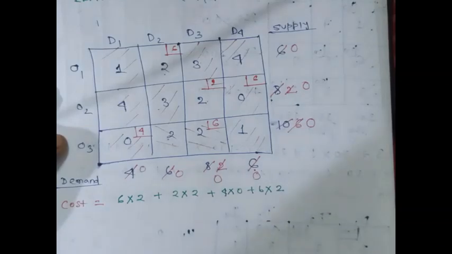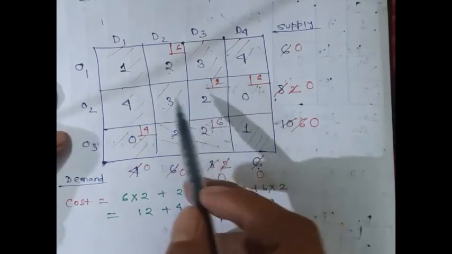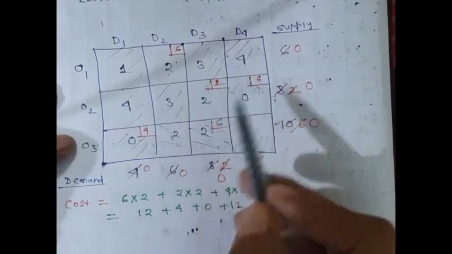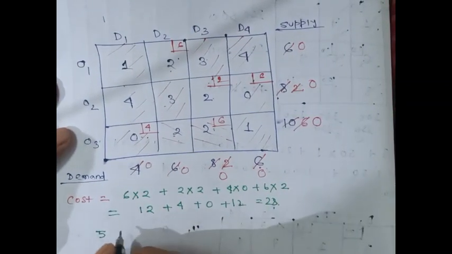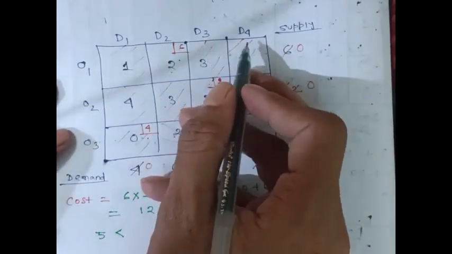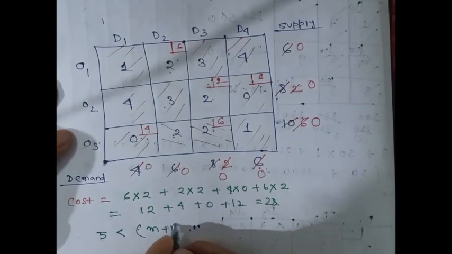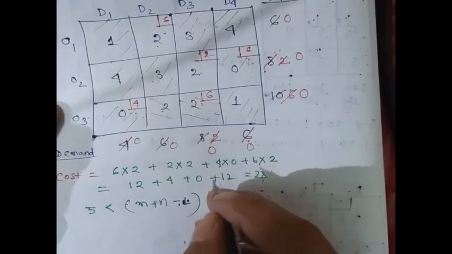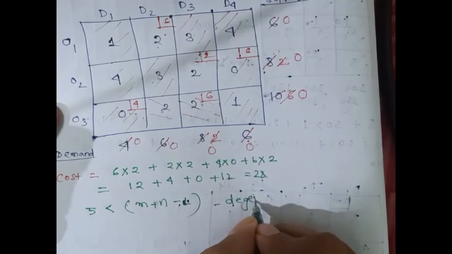The cost is 28, and the total number of occupied cells is 1, 2, 3, 4, 5, so 5 occupied cells. 5 is less than m plus n minus 1, which is 4 plus 3 minus 1, that is 6. So here we will get a degenerate solution.